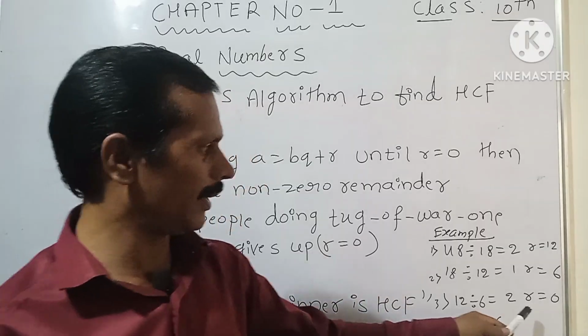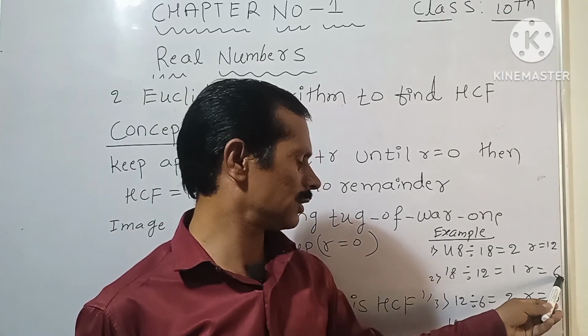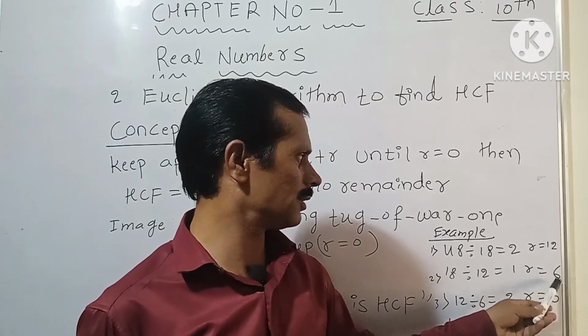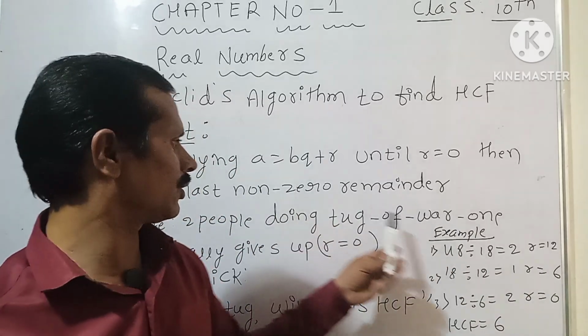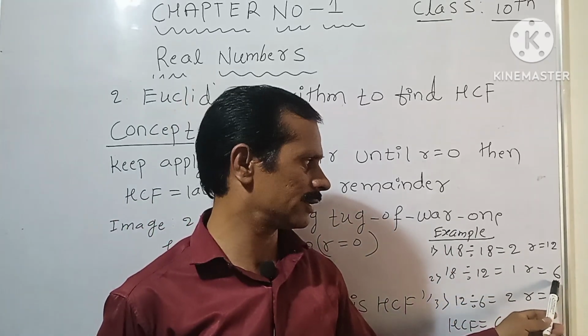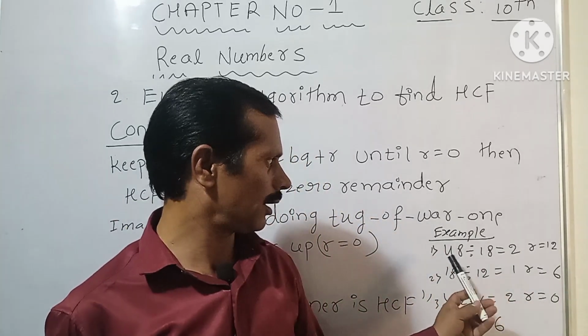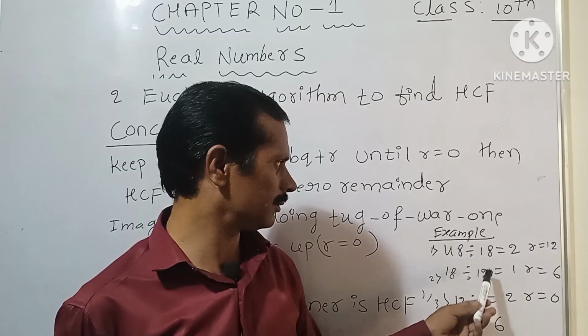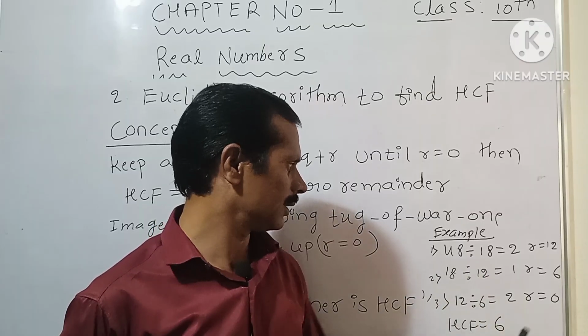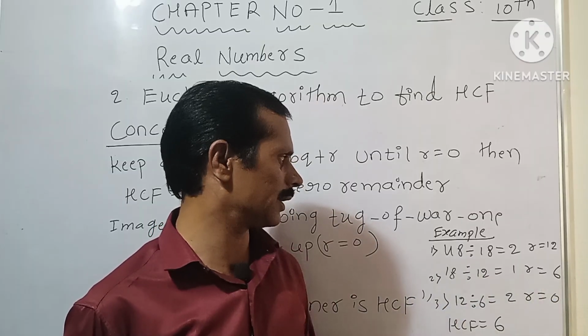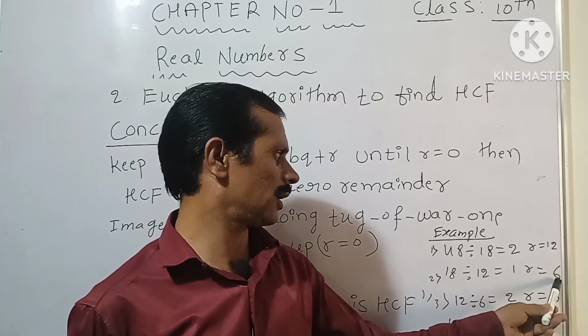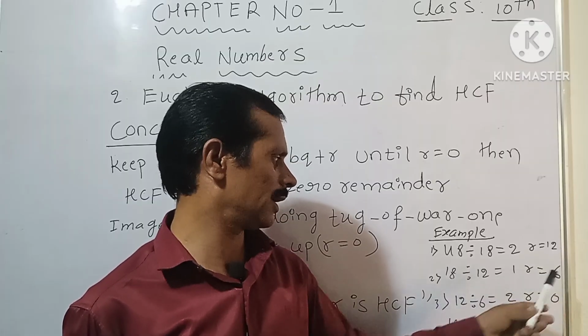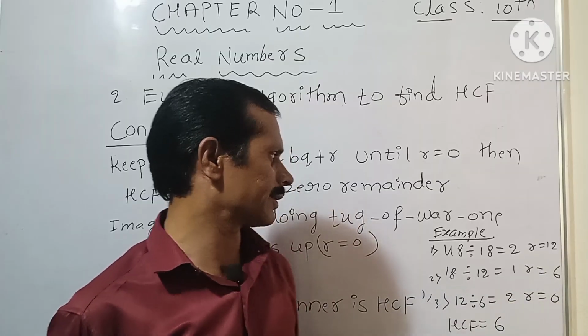The last non-zero remainder is the HCF. To find the HCF, we have to use this method. The last remainder is 6, so the HCF is 6.